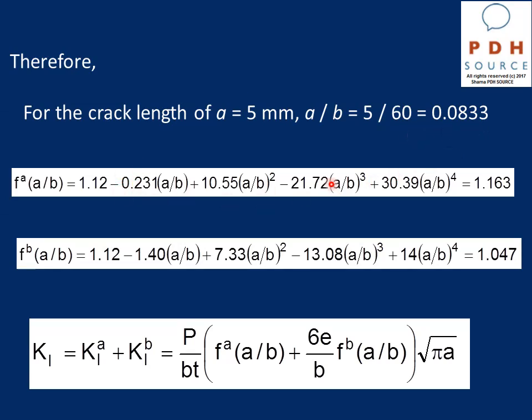So we plug this value into the two functions, one for tension, FA, and one for bending, FB, so we get 1.163 for tension and 1.047 for bending. And then all we need is to calculate the stress intensity factor, which is the superposition of the two cases, and this equation has been given to you earlier.